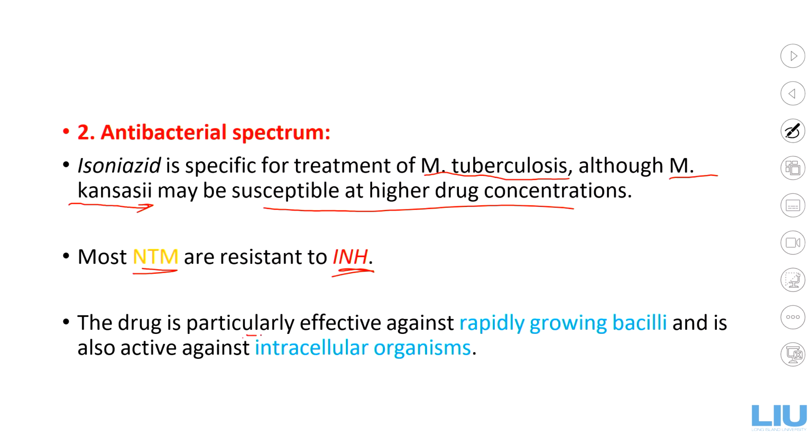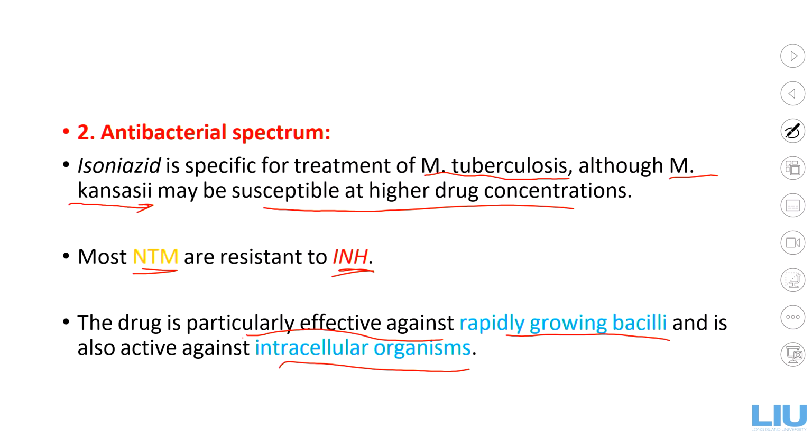The drug is particularly effective against rapidly growing bacilli and is also active against intracellular organisms. Generally, we know that mycobacteria grow slowly, but if there are some bacilli that are rapidly growing, then the drug would be more effective, which makes sense, right? Because they demand the use of the enzymes more, so you'll have more effect of the drug.